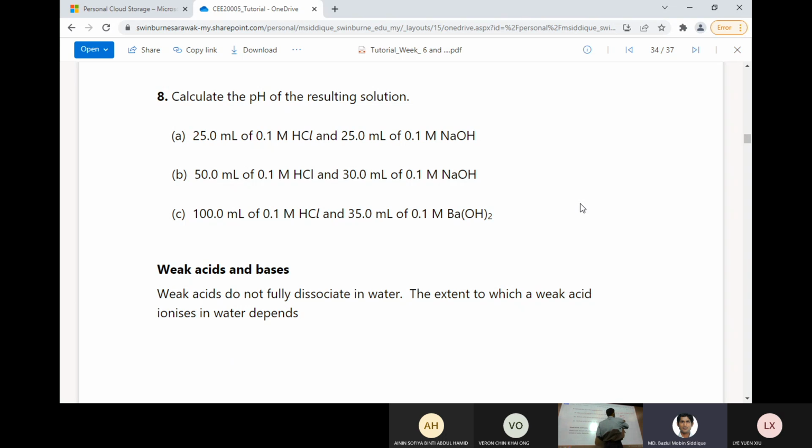So I will deduct 3 times 10 to the negative third, and I will have 2 times 10 to the negative third moles at the end. Right? And this is HCl, the same hydrogen ion concentration. So pH will be negative log of this value.